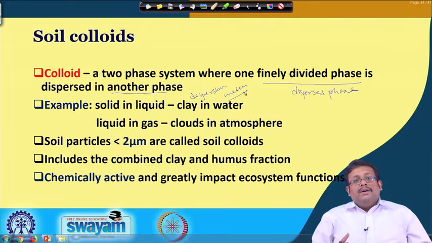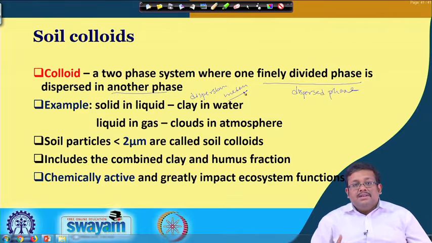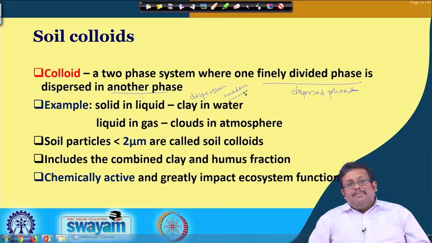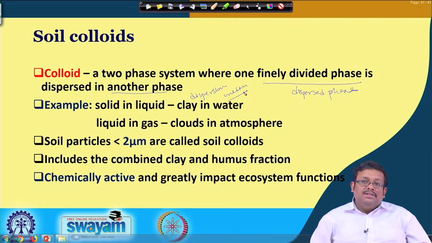So a colloid is basically a two-phase system where a dispersed phase is dispersed in a dispersion medium. Some common examples are clay in water, which is solid dispersed in a liquid dispersion medium, and also cloud in atmosphere, where liquid is dispersed in gas.